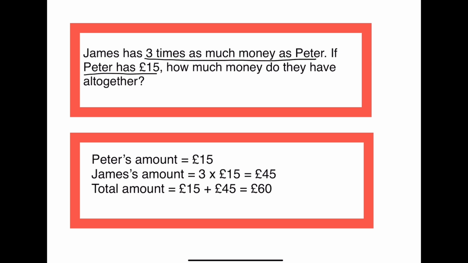So James's amount is 3 times 15. So 15 times 3 is 45. And now we add 15 pounds, Peter's amount, and 45 pounds, James's amount, to find the total amount. So it is 60 pounds. So the answer is 60 pounds.